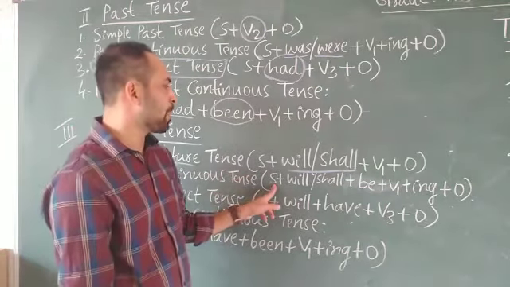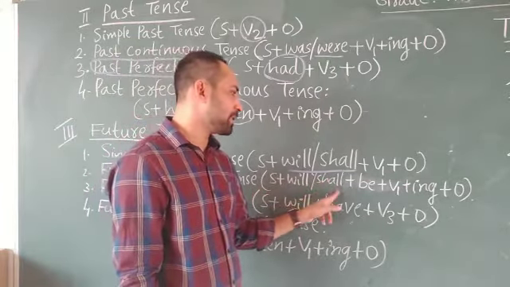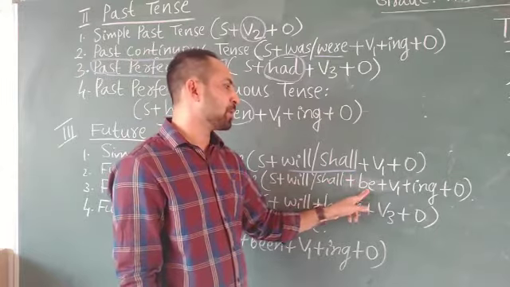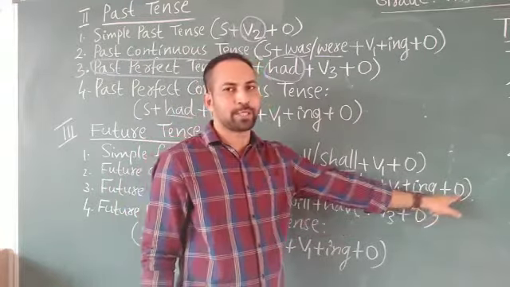The rule is subject plus will or shall plus be plus V1 plus ing form plus object.